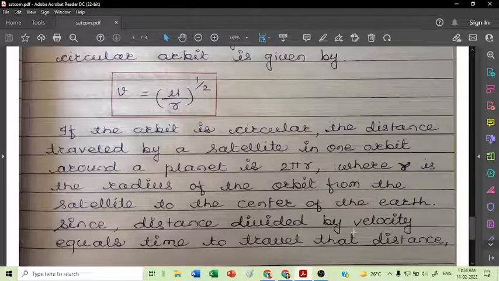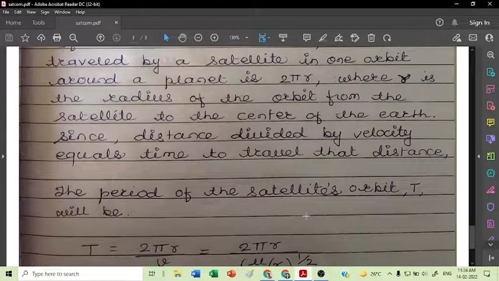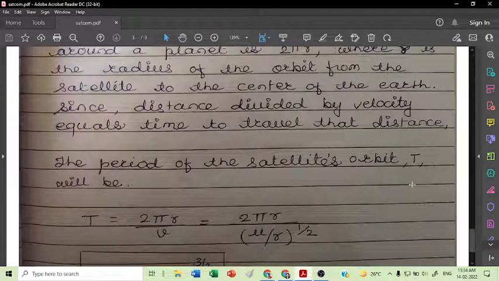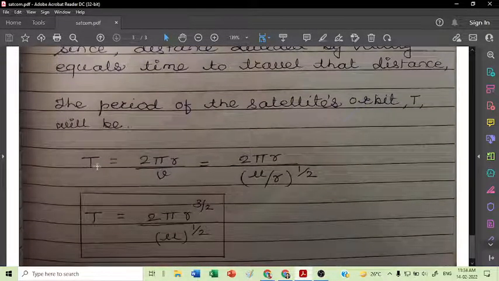Since distance divided by velocity equals the time to travel that distance, the period of the satellite's orbit T will be 2 pi r upon v, and v is (mu by r) raised to power half. Therefore, T = 2 pi r raised to power 3 by 2 upon mu raised to power half.